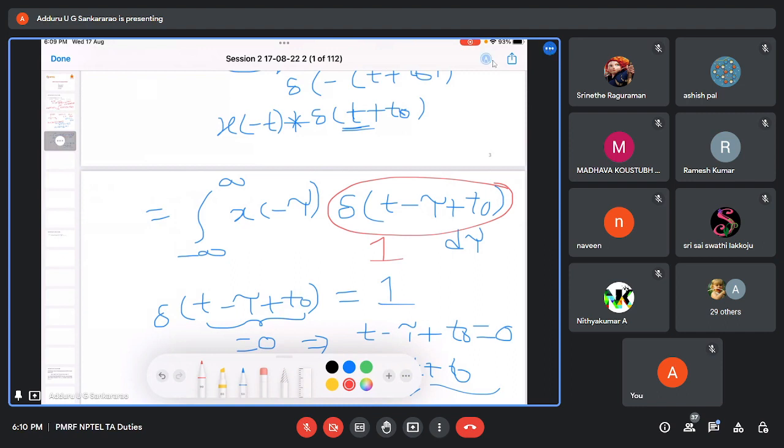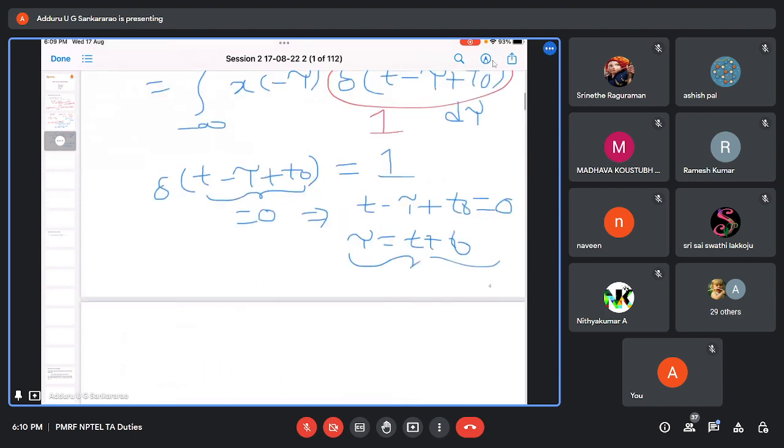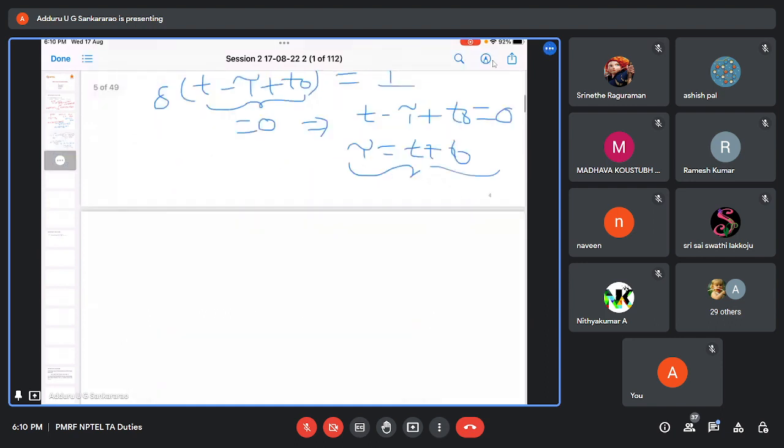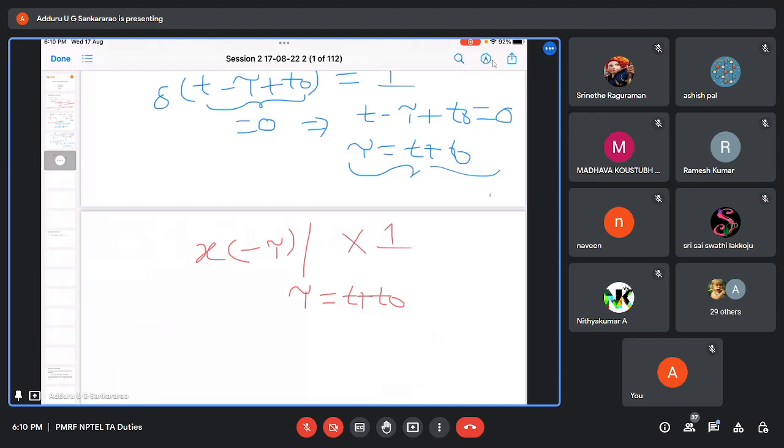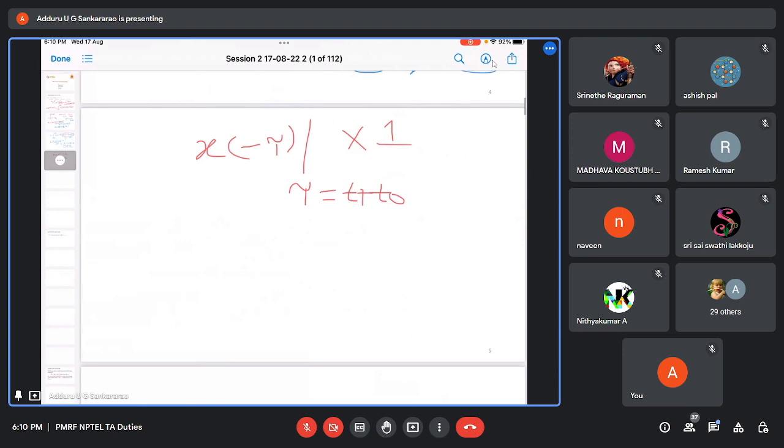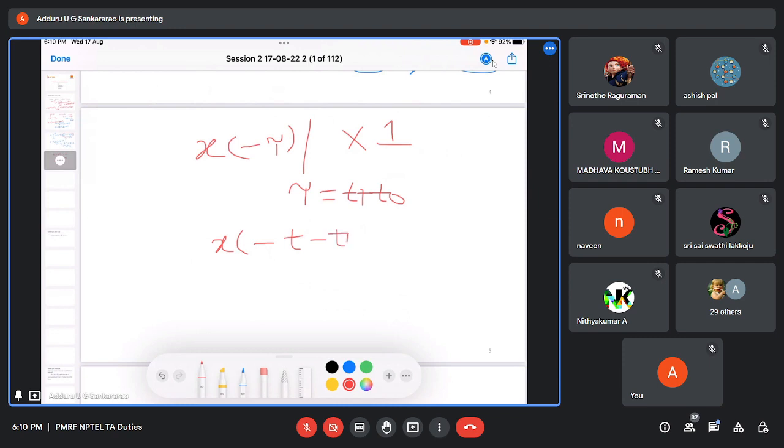So from this, its value becomes x of minus tau when tau is t plus t naught, into del of that one, that is 1. So its value is x of minus, when tau equals t plus t naught, minus t naught. This is the option.